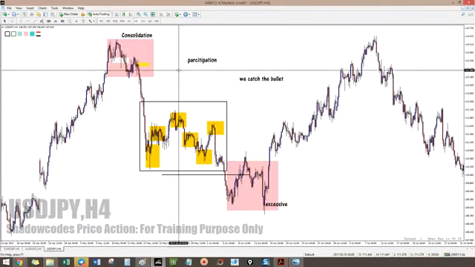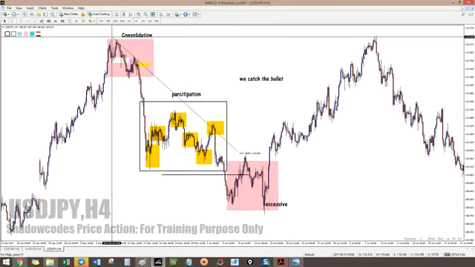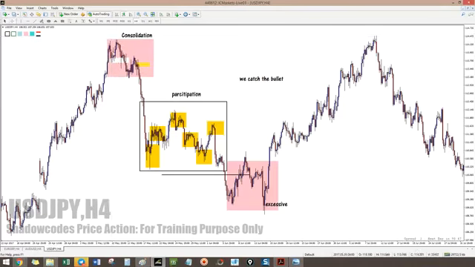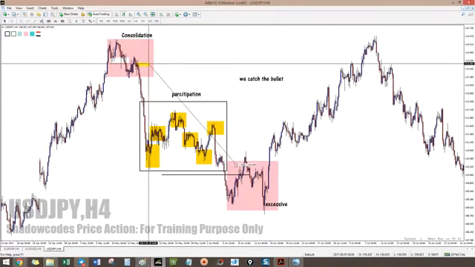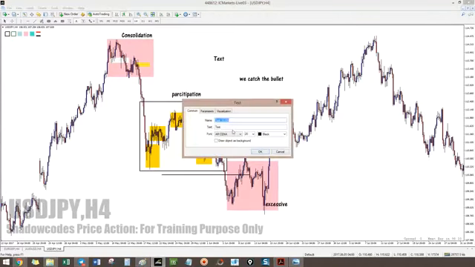It's on the participation on H4. On H4, it's still a downtrend. Do you get this? On H4, we are in a participation stage for sell.